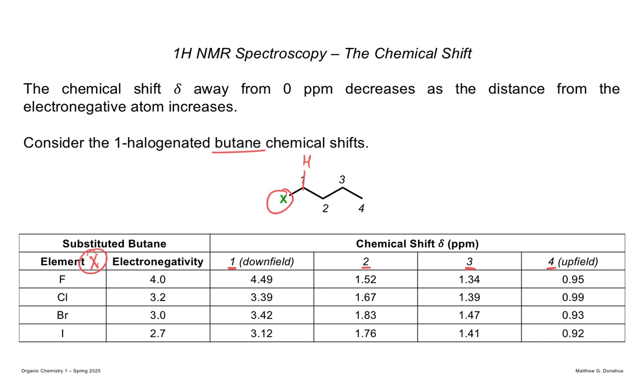So again, that's 1, 2. So if that was fluorine, that would be at 4.49. Now the hydrogen on carbon 2, it's 1, 2, 3. So that's at 1.52.